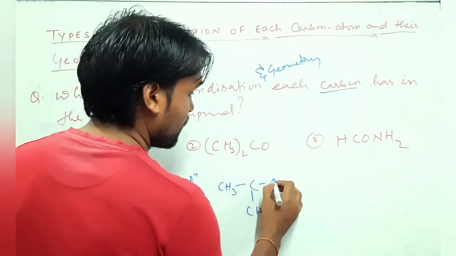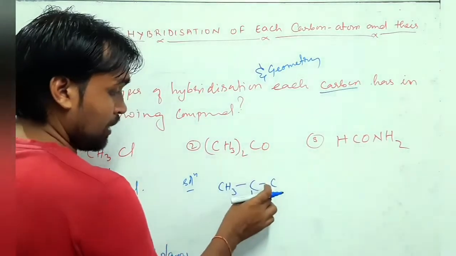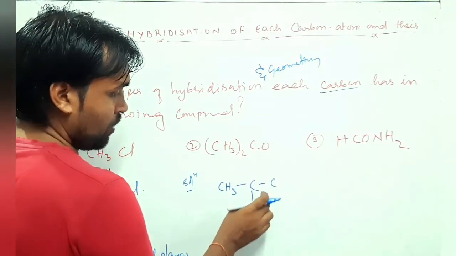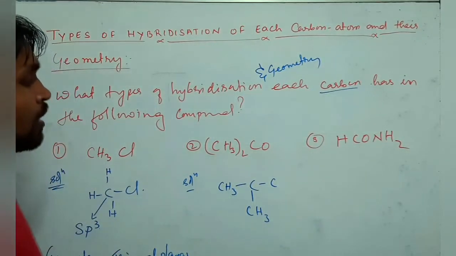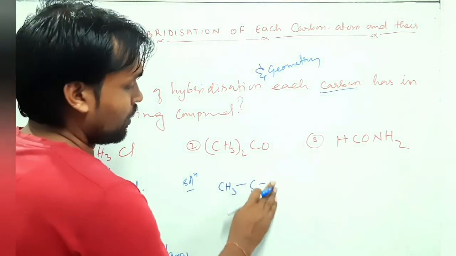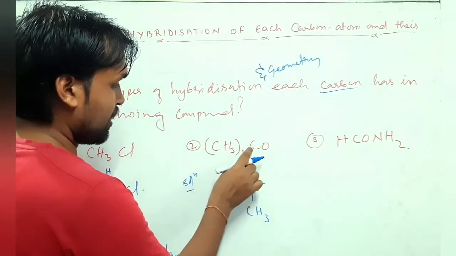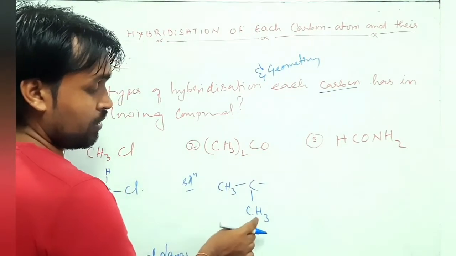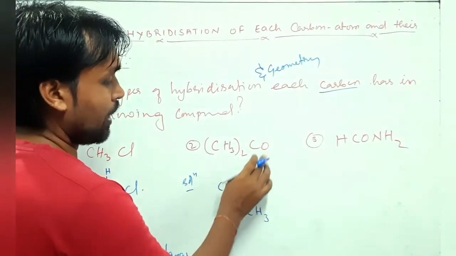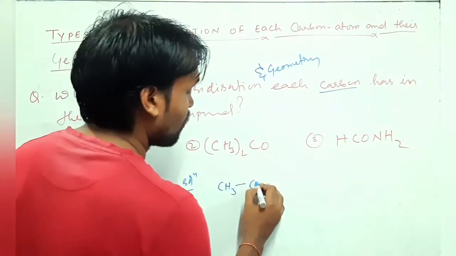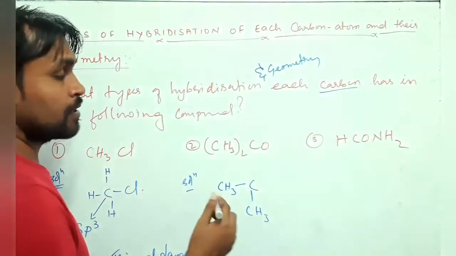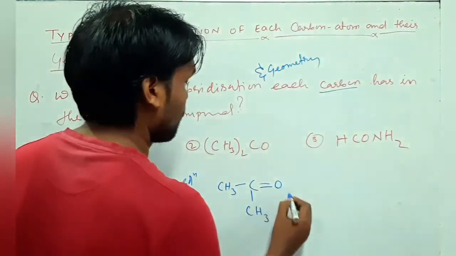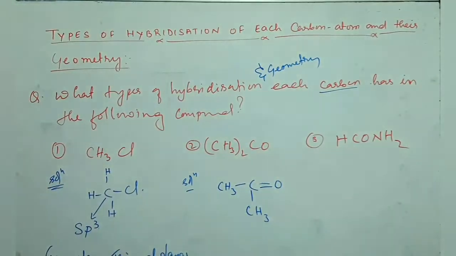So carbon here, C. This C is attached to 2 CH3, so CH3 and CH3, and this carbon is attached to what? Only 2 bonds it has formed, but as per the rule carbon needs 4 bonds, so here it will be a double bond. Okay, dear students, so done.